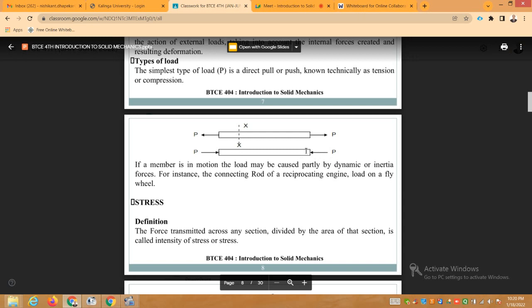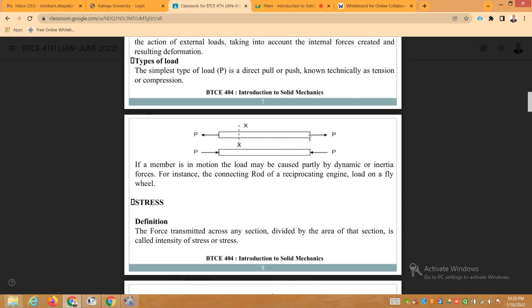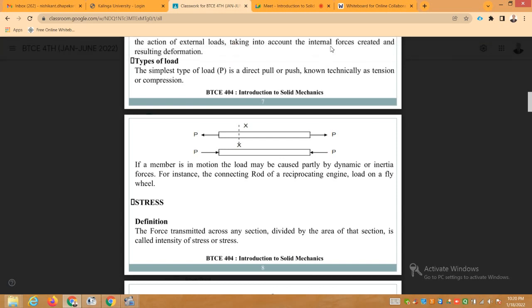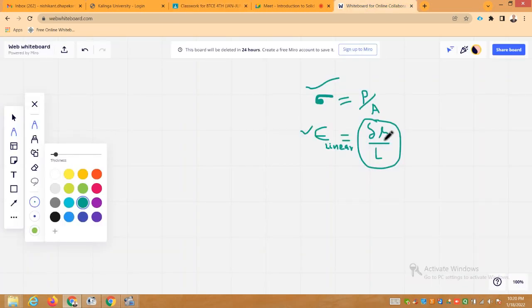So, change in length, whether it is a pull or a compressive axial force, if change in length is delta L, then strain can be calculated as change in length upon original length.